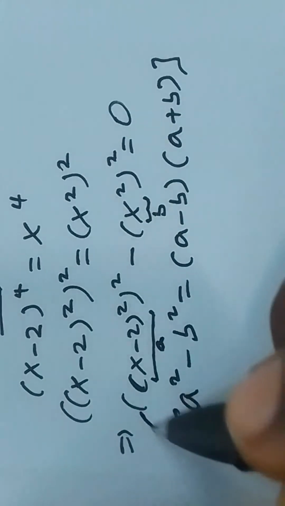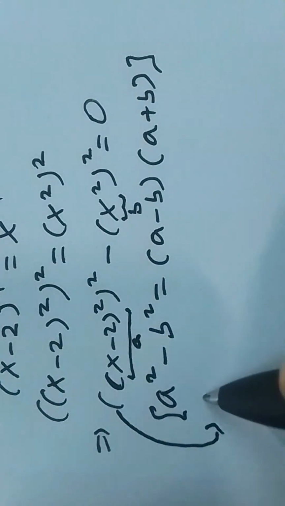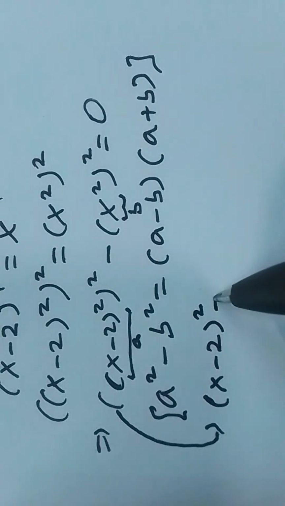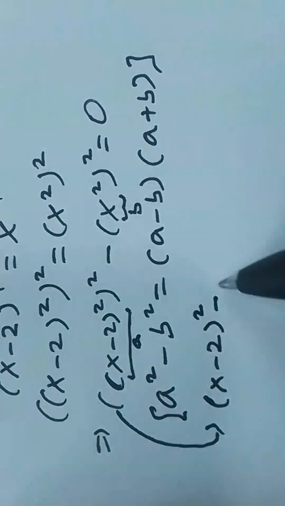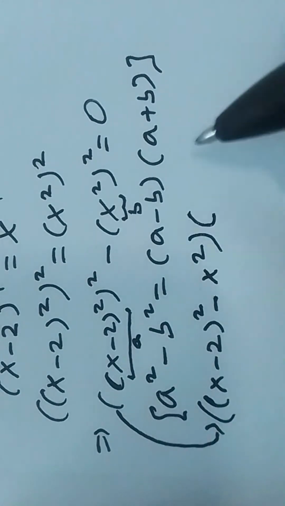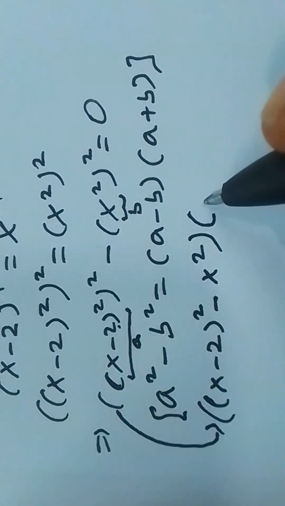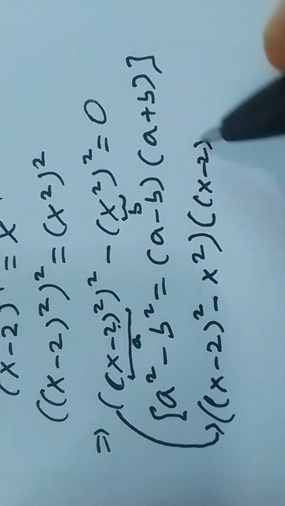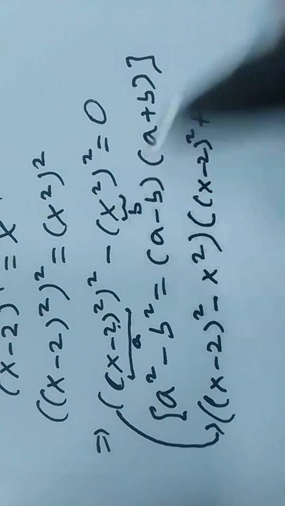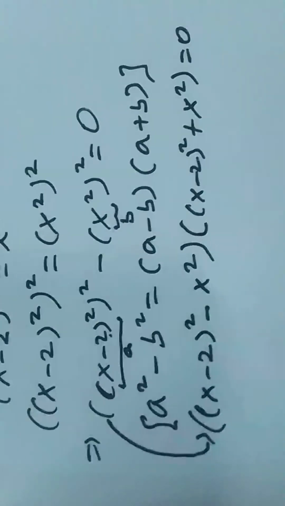So from this line, we are going to have (x - 2)^2 minus, what is b? b is x^2, and we put this guy in brackets, times, what is a? a is (x - 2)^2, so we have (x - 2)^2 plus, what is b? b is simply x^2, equal to 0. Let's proceed further.